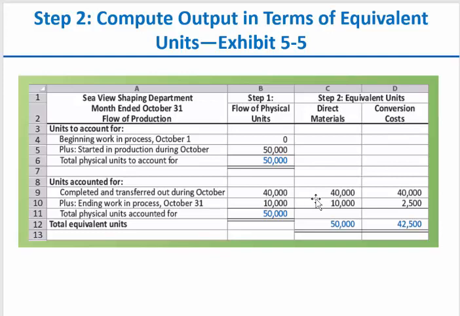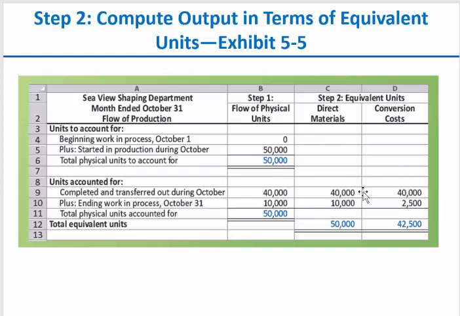In this case, for the 40,000 units completed and transferred out, there's no question, regardless of what cost we're talking about, we always have 40,000 units carrying 100% of direct materials needed and 100% of conversion cost needed. So you have 40,000 equivalent units for direct materials, and also 40,000 equivalent units for conversion cost.